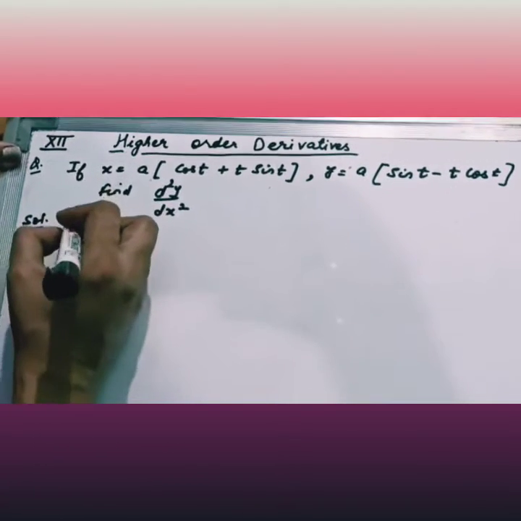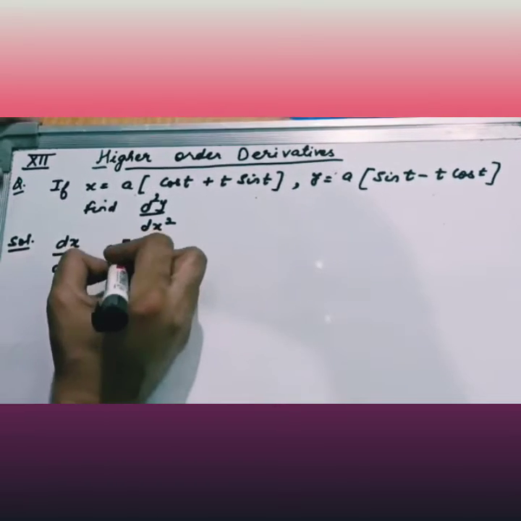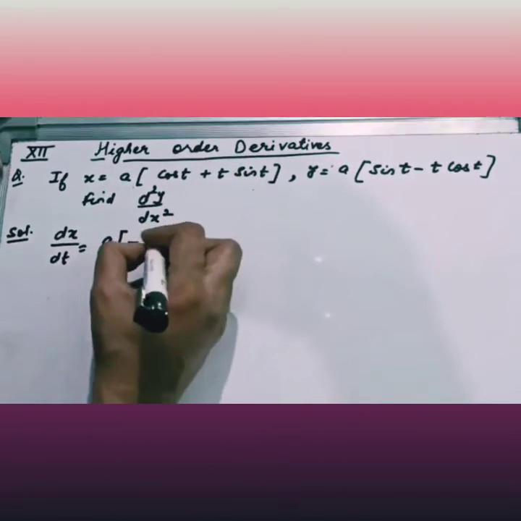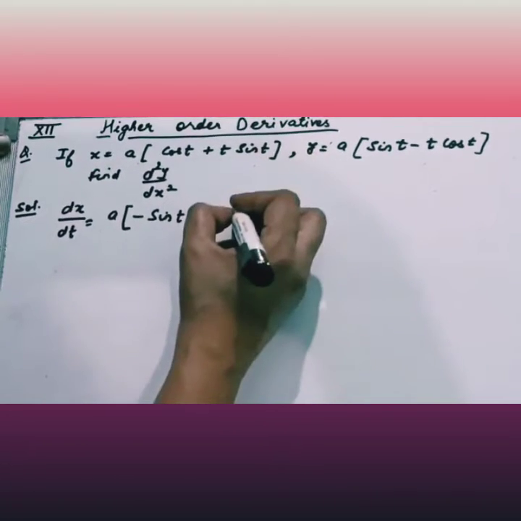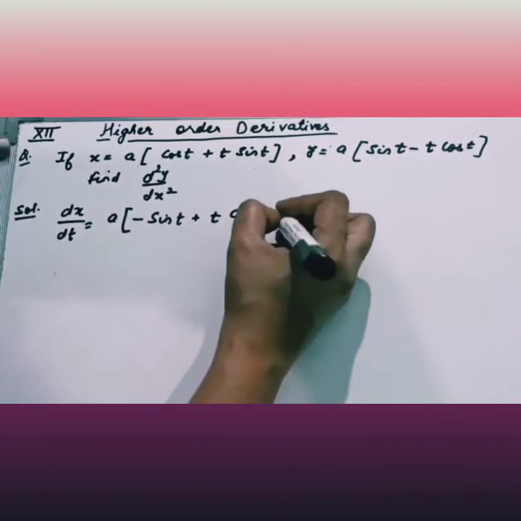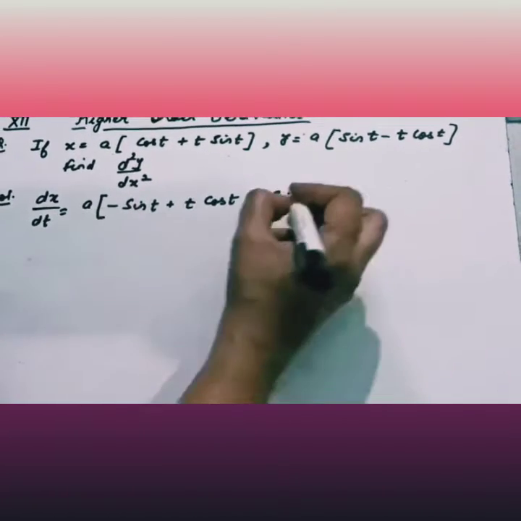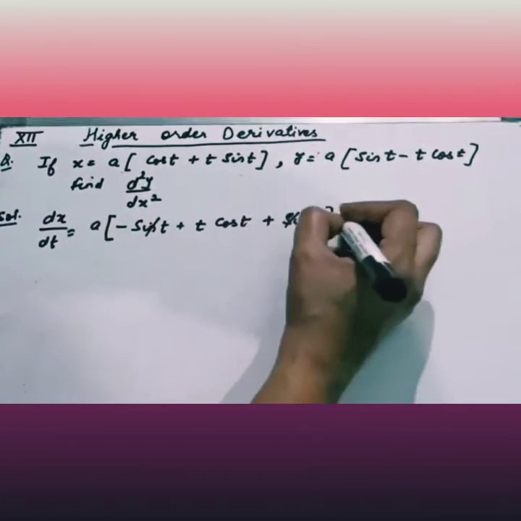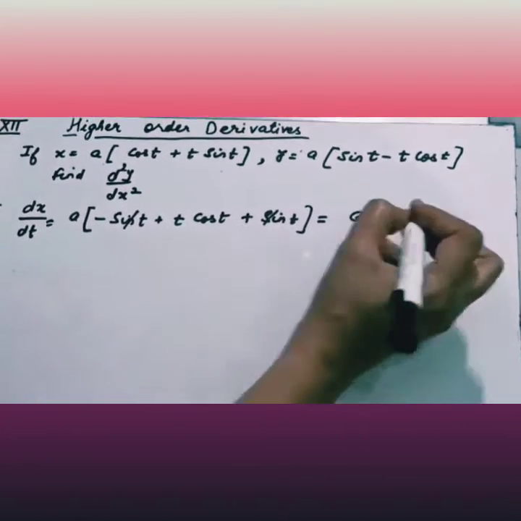So first step is write dx by dt. So a as it is, derivative of cos t is minus sin t, plus t, derivative of sin t is cos t, plus sin t as it is, derivative of t is equal to 1. So these two cancel, it will be a t cos t.